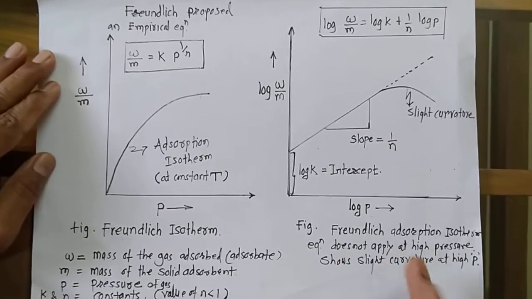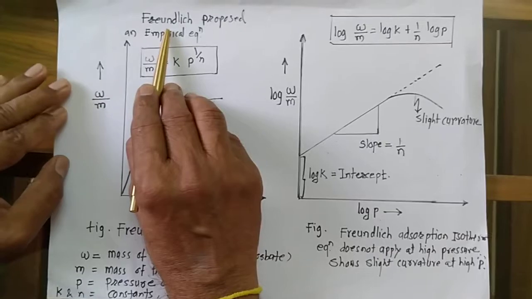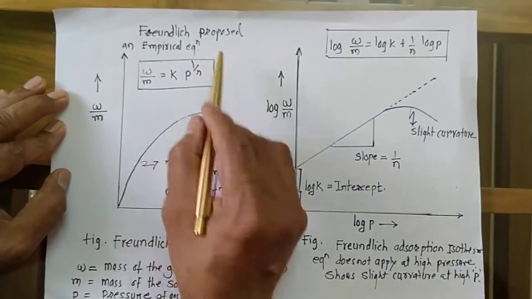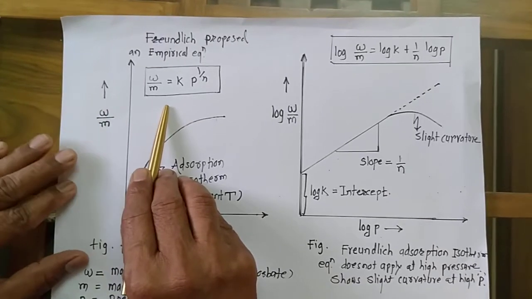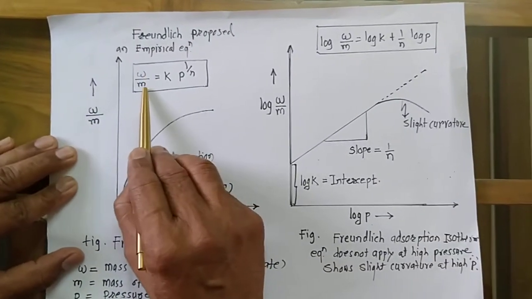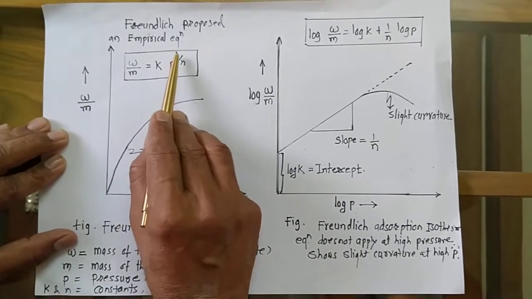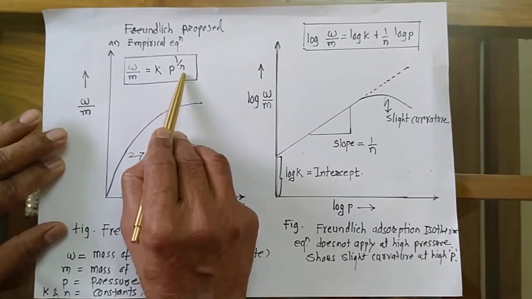Dear students, Freundlich proposed an empirical mathematical form of equation: W upon m is equal to k into p power of 1 upon n.